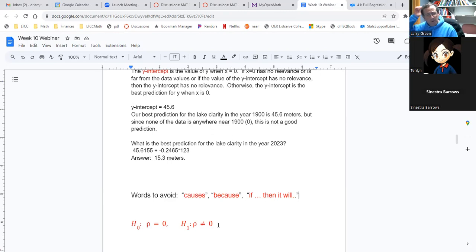I want to give you a heads up about the exam. If and when you have to type in the null and alternative hypothesis, getting that letter rho is kind of a pain, so I don't require it. You can write RHO, and that's fine. You can also write NOT and then an equal sign for not equal to, and I accept that.